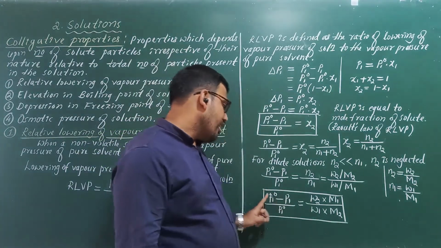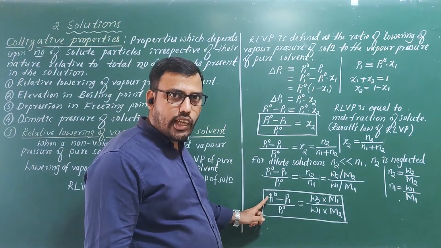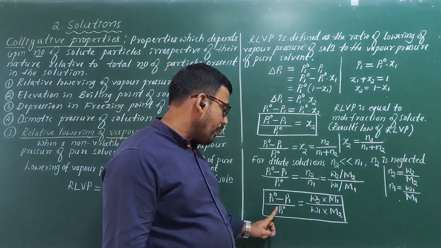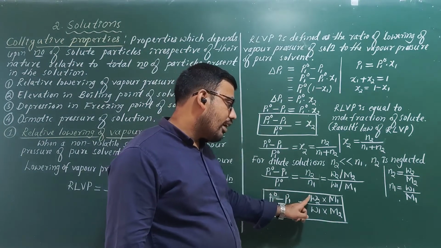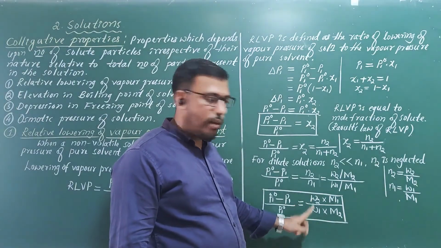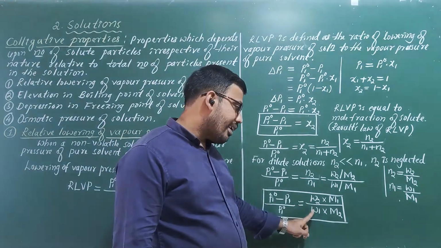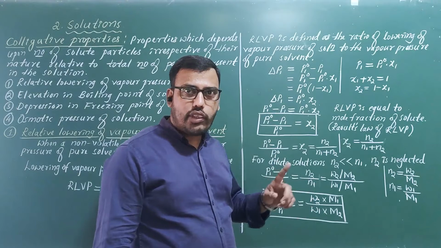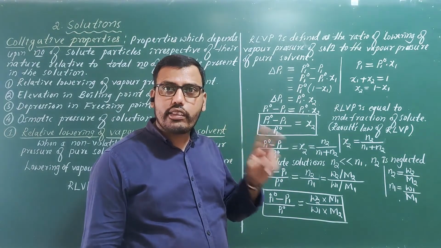P1 naught is the vapor pressure of pure solvent. P1 is the vapor pressure of solution. W2 means mass of solute, and W1 is mass of solvent. Remember one thing, I am using subscript 1 for solvent and 2 for solute.